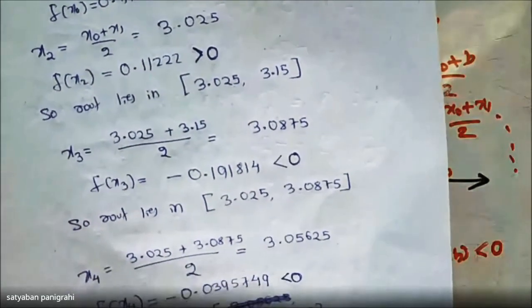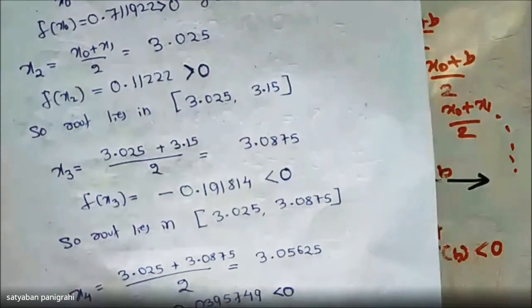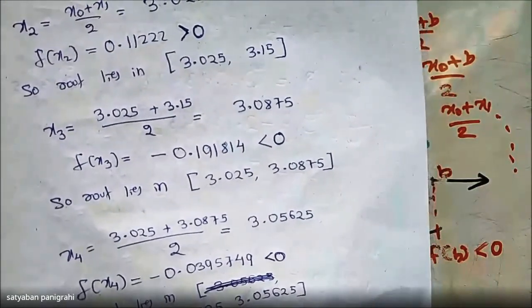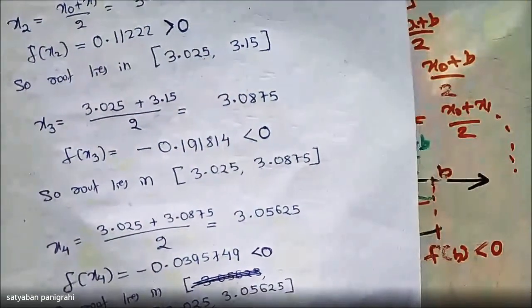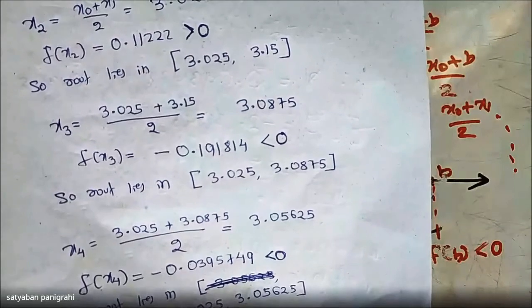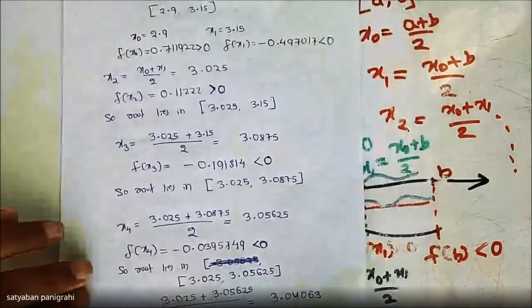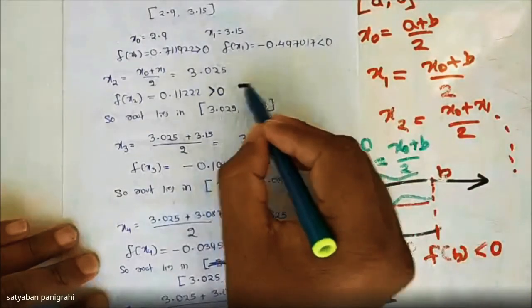Now we compute x3. x3 is 3.025 plus 3.15 divided by 2. This gives 3.0875. After that, compute the value of f of x3. That gives me a negative value. So the root lies between, look, here negative, here positive.